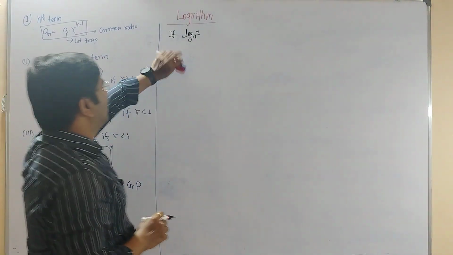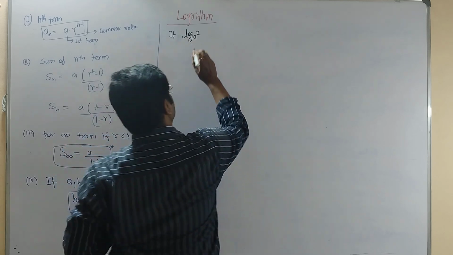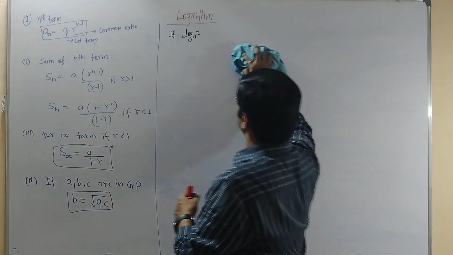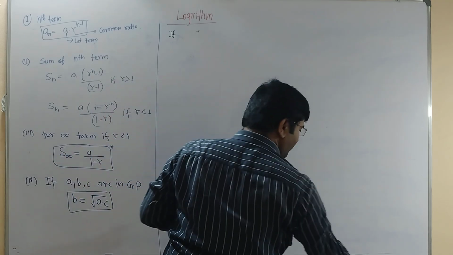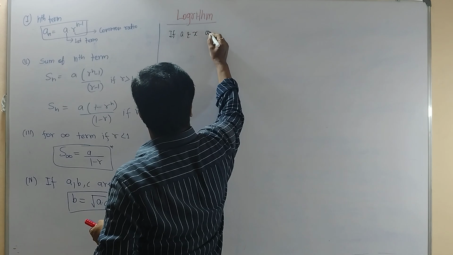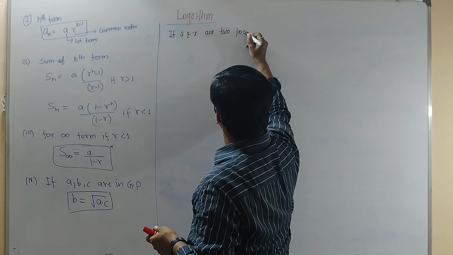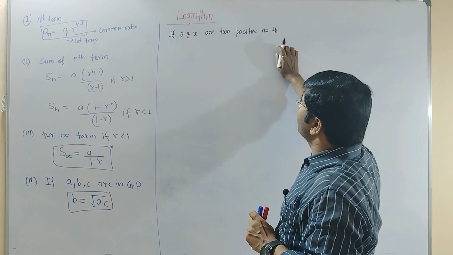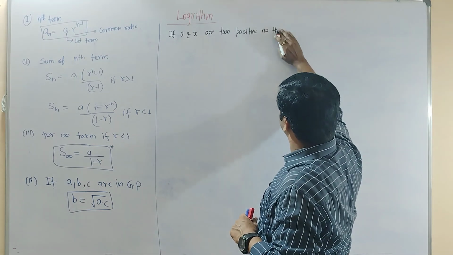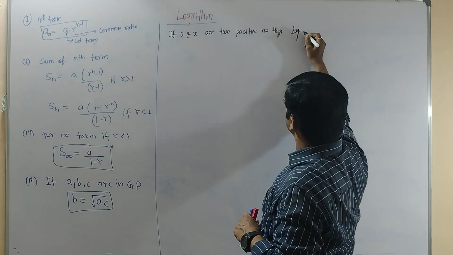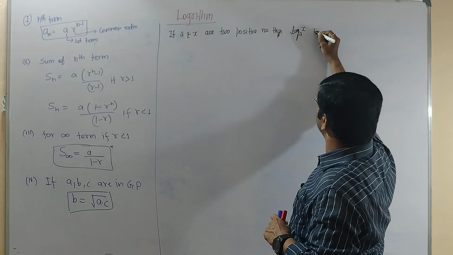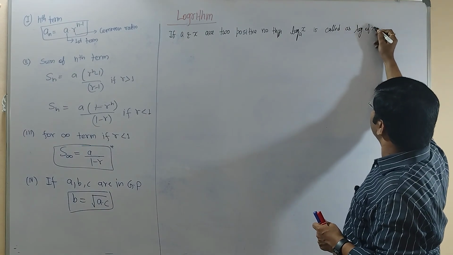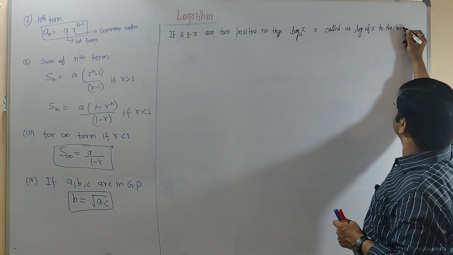If a and x are two positive numbers, and for positive numbers only log is defined, that's why I'm putting the condition first, then log x base a is called the log of x to the base a.